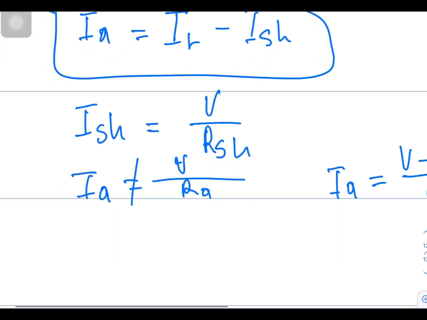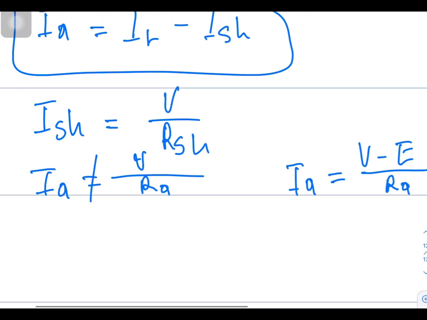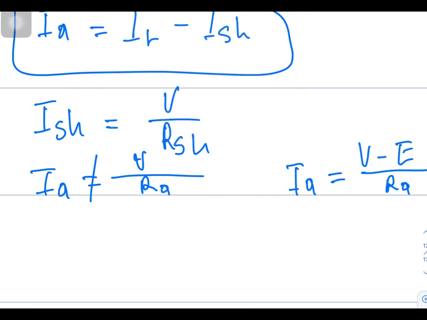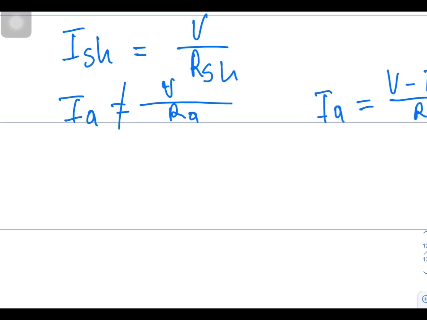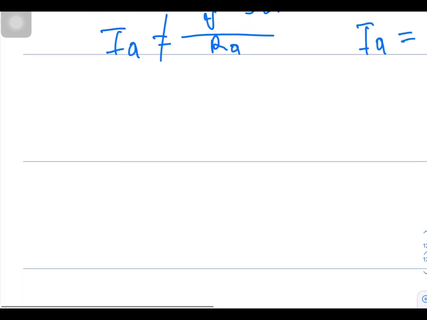Now that I've shown the EMF calculations for both generators and motors, I want us to quickly go through power. The reason is that people like making silly mistakes when they are given power and then efficiency is asked, and they get confused.